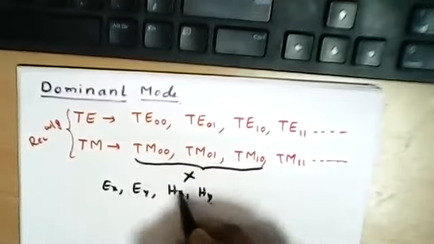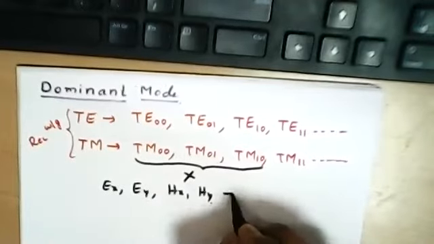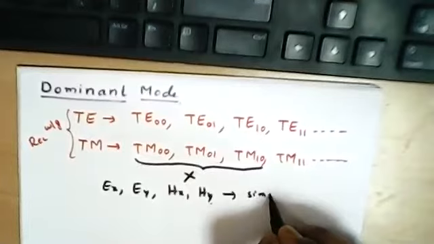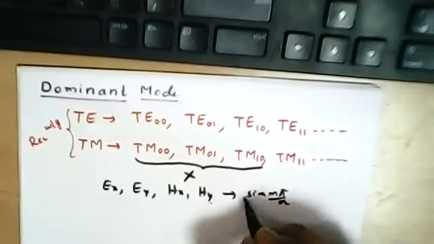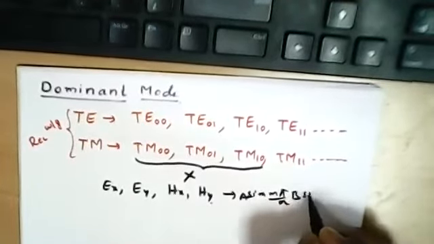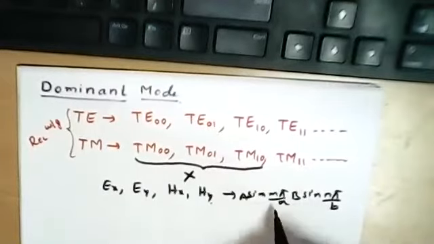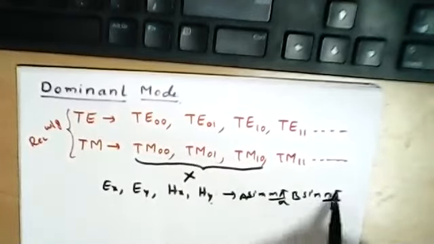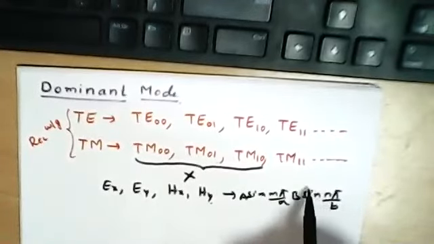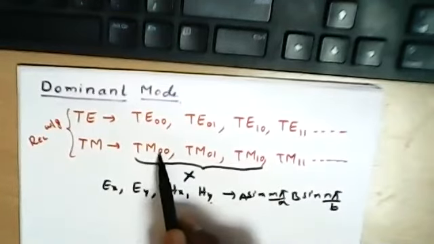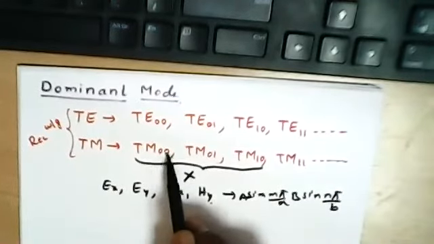The wave equations or field equations that have been derived are in terms of sine m pi x by a and sine n pi y by b, something like that. When we substitute these values, in TM00 the 00 specifies the m and n values.